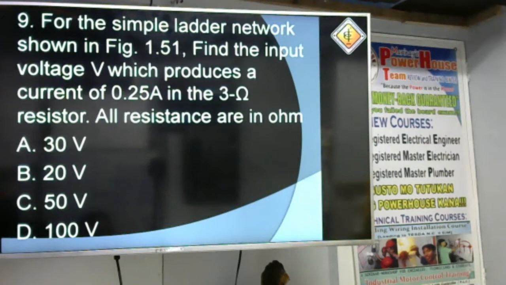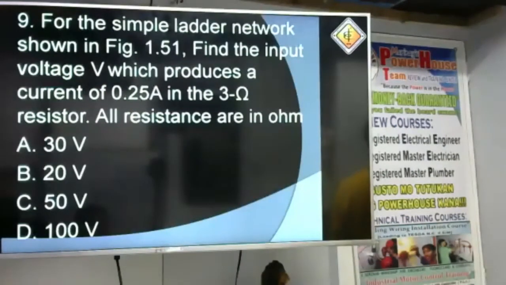It says in the problem that there is a current flowing to our 3 ohm resistor. This is the current that is 0.25 ampere. Find the input voltage which produces a current of 0.25 amperes.